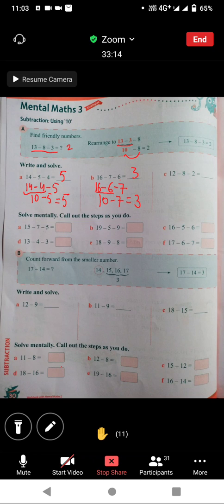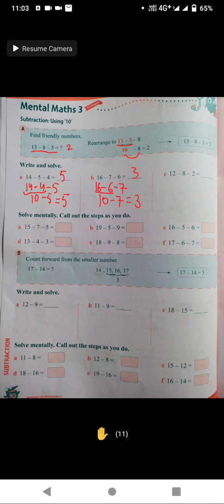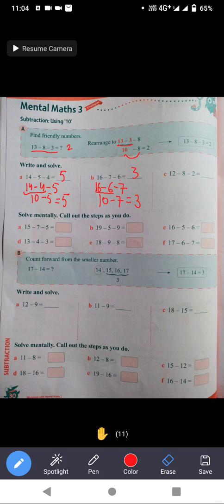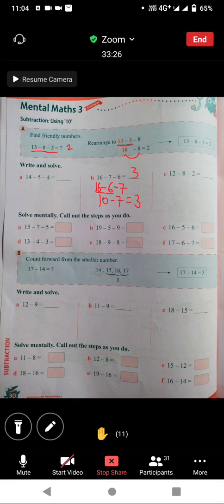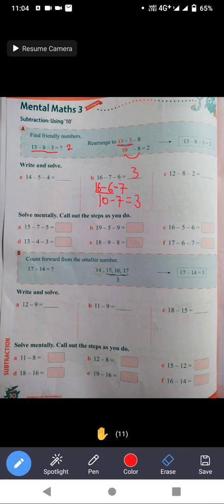Arham Naeem Khan, I am explaining again, so listen carefully. So first part I am doing again. Okay, so here we have 14, 5 and 4. We have to subtract these numbers. Okay, so how will we subtract it?